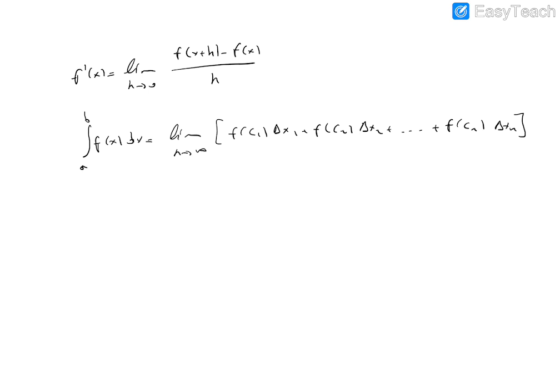The area A of a rectangle with width W and height H is given by W times H. Let's show that on the graph.